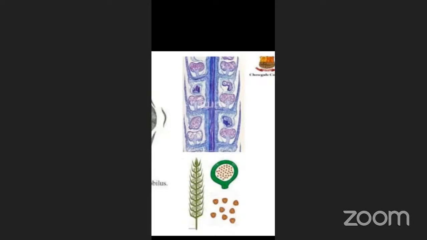Here the innermost layer of the developing sporangium is nutritive tissue, which we call the tapetum. During development, the tapetum cells degenerate to secrete nutrition food.